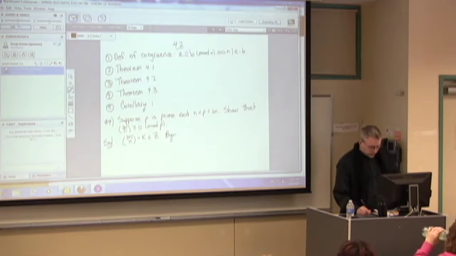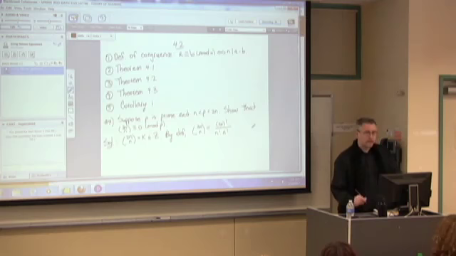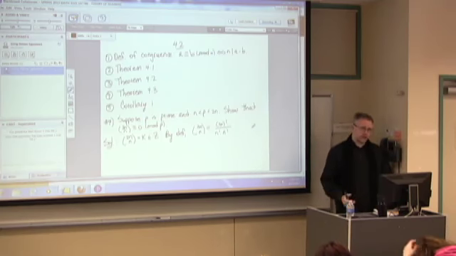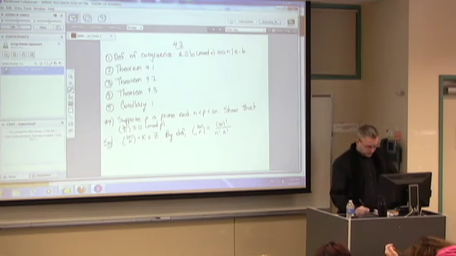By definition, we know what 2n choose n is, right? It's 2n factorial over n factorial times n factorial. The last part is (2n minus n) factorial, so that's where the last n factorial comes from.